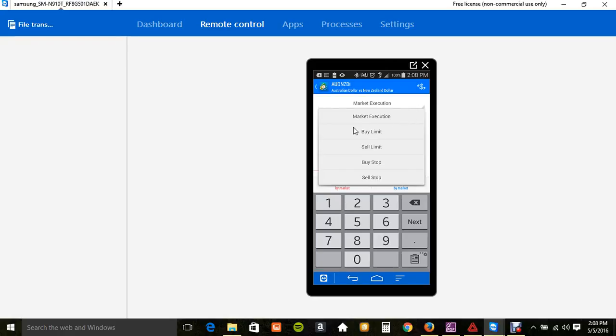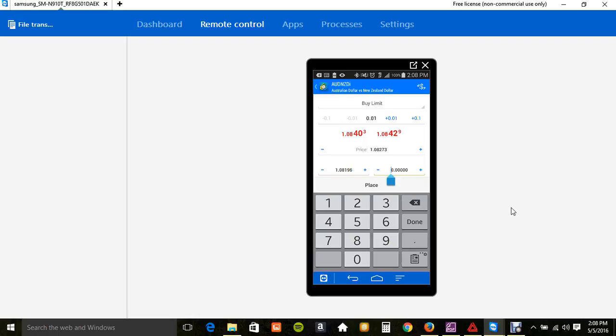We want a buy limit right here. If you all remember what the scanner said, I know what it said. Entry 1.08273. Stop loss is going to be 1.08196.